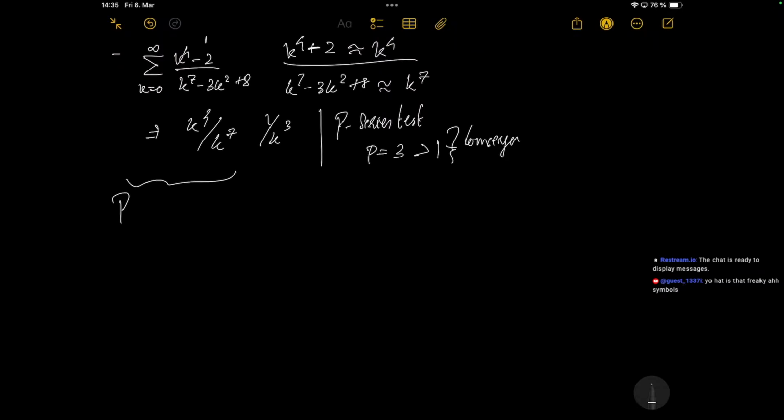Putting this to the majorant and convergence. It's not the ratio test, it's the comparison test.